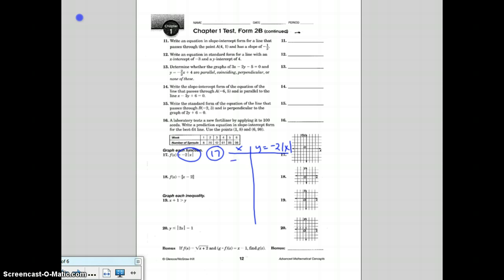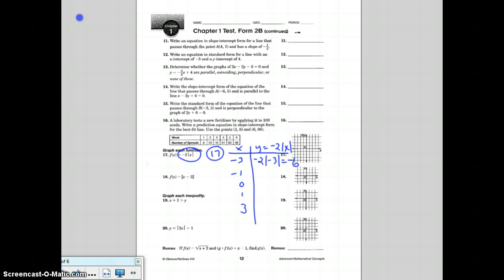I'm going to pick some negatives and some positives. I'm going to put -3 in for x, but the absolute value of -3 is 3. So -2 times the absolute value of -3 is actually going to be -6.